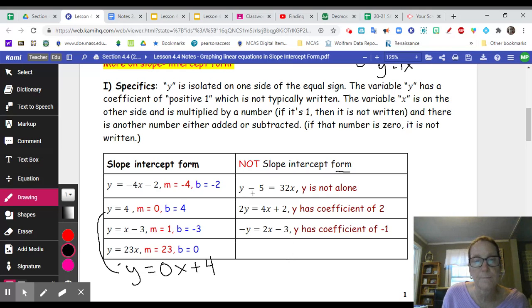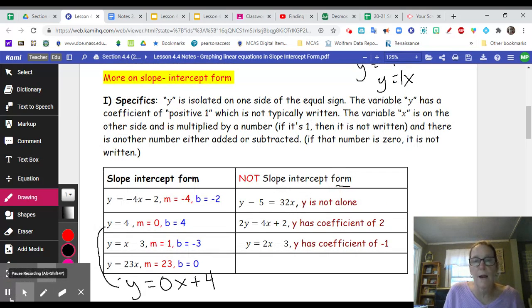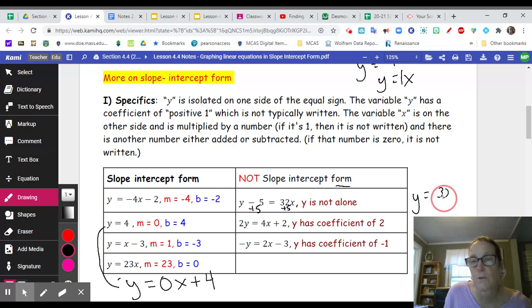So for this one, add 5 to both sides. So I might at sometimes say, here's an equation, find the slope and the y-intercept. I see it's not in slope-intercept form, but I'll try to get it into slope-intercept form. Here, I could add 5 to both sides to get y equals 3/2x plus 5.